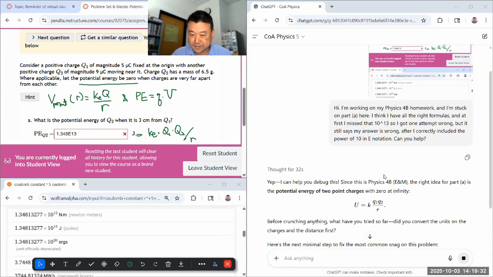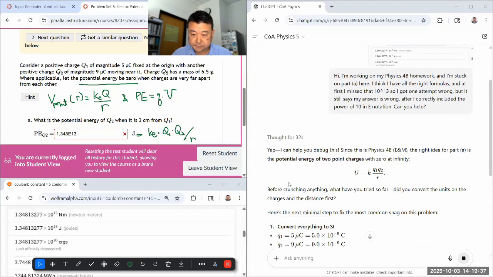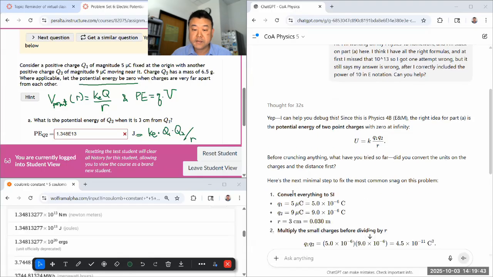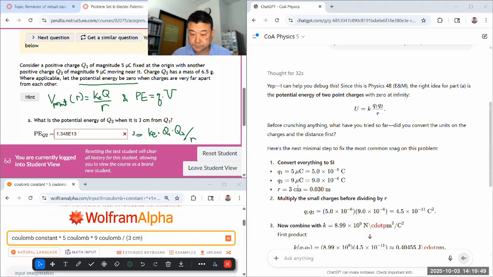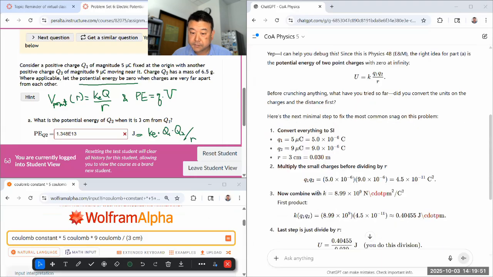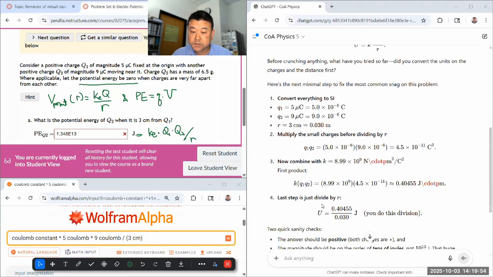So let's see. Right, part A. Crunching anything. What have you tried? Units on the charges and the distance first. And I guess as you are reading this, you might realize that I put in 5 Coulomb.